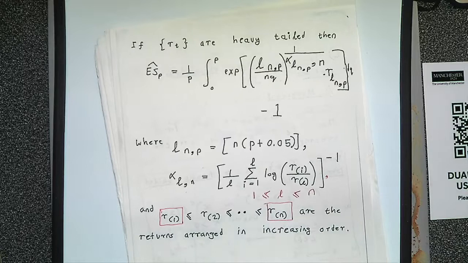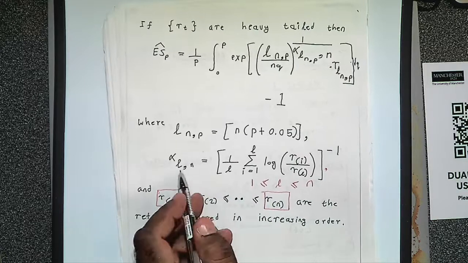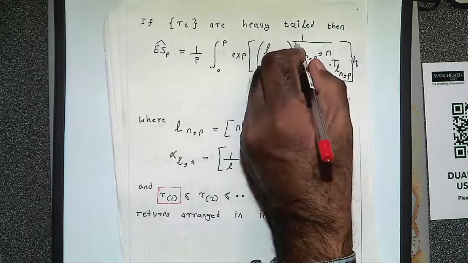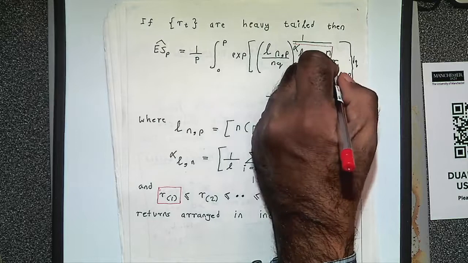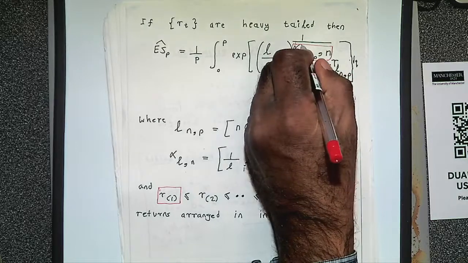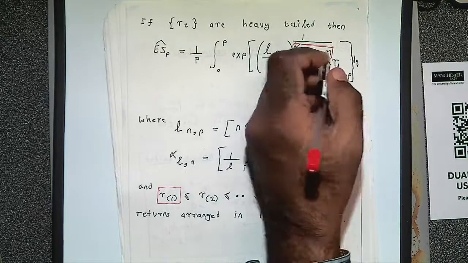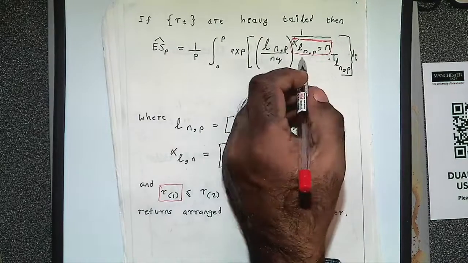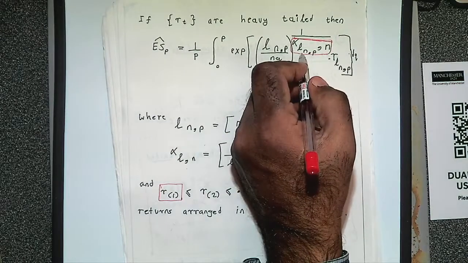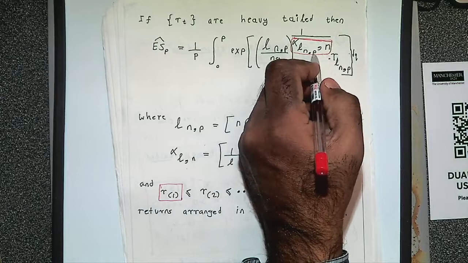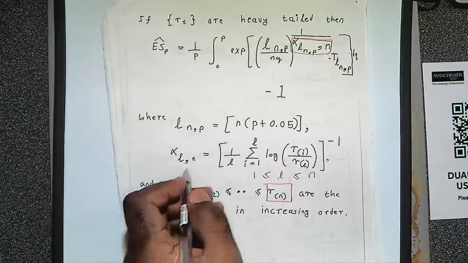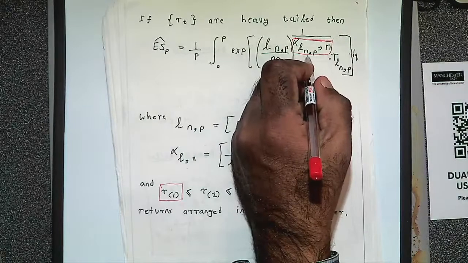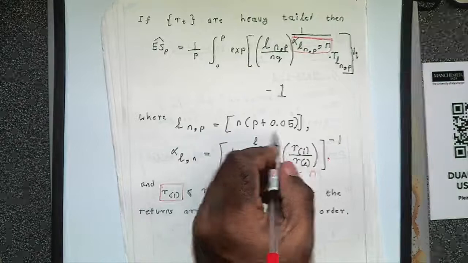Although it looks pretty complicated, I know it looks horrendous, here you should read this as alpha with two subscripts. The first subscript is L subscript n comma p, which is defined by this, right?